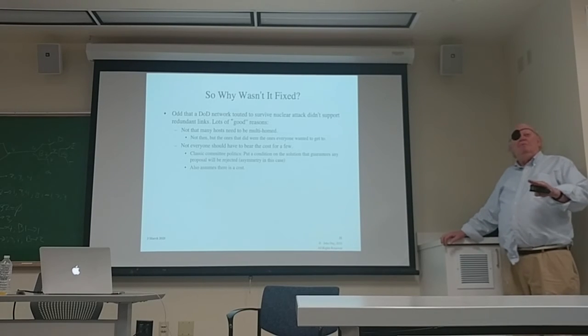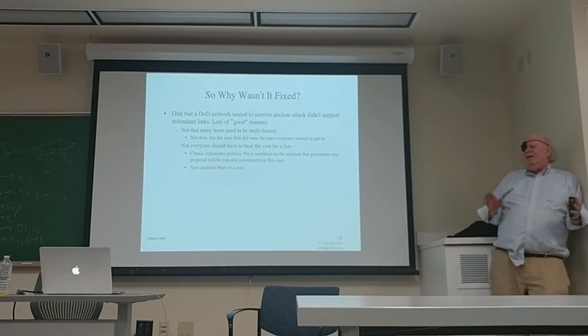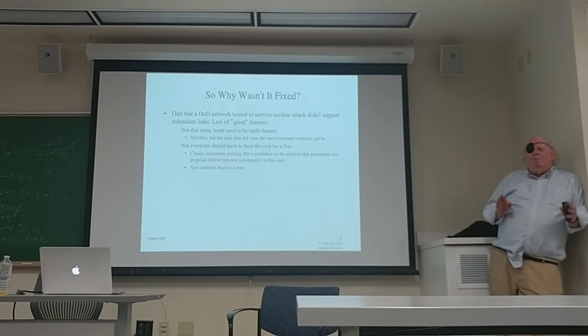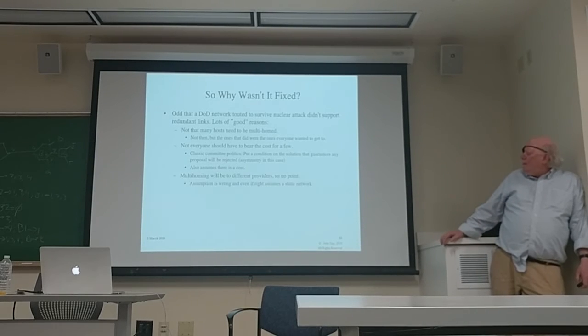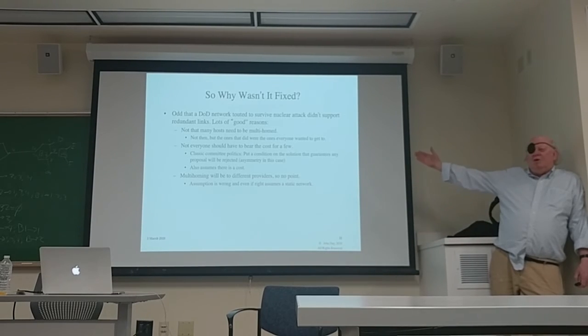Now, this one I love because this is a classic standards gambit, right? Propose a condition that makes the solution asymmetrical and ugly. And of course, presume that there is a high cost to doing this, when in fact, there's no cost at all. Multi-homing will be to different providers, so there's no point, which the assumption's wrong.